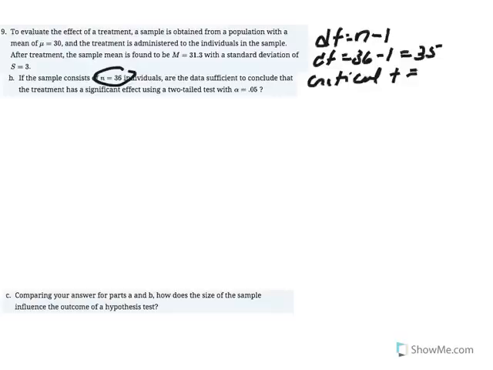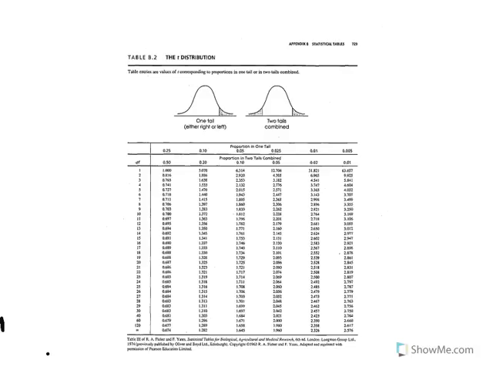using our t distribution. Our degrees of freedom for the problem we're working on is equal to 35. This is a good example to focus on because if we look at our table, we don't have a value of 35. It goes from 30 to 40. When we're trying to determine which value to use, the rule of thumb is to go with the closest value, but then to choose the lower degrees of freedom.